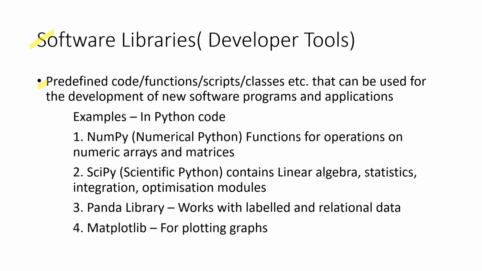If there is some requirement to do some heavy mathematical work, and if there are some libraries which will do those mathematical calculations, the programmer can use those libraries and reduce the time spent on developing those functions on his own. And a few examples of libraries in Python, we will look into it.